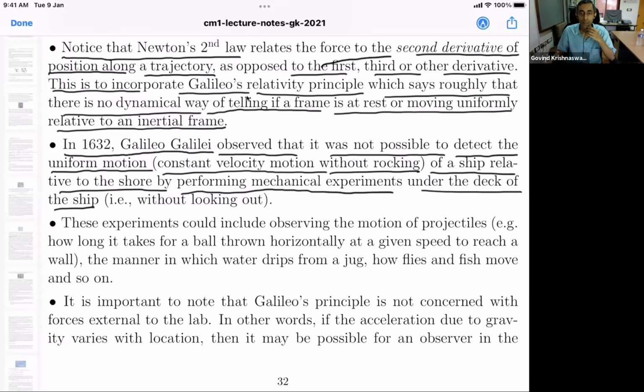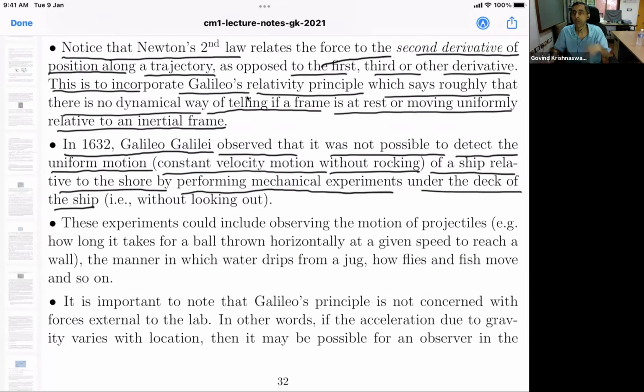And then the ship is either parked in the dock or it is moving uniformly in the sea. And then you can do experiments inside the ship. The experiments are things like watching the water drop from the bottle to the bowl. You watch how it drops, in what direction, how fast, such questions.